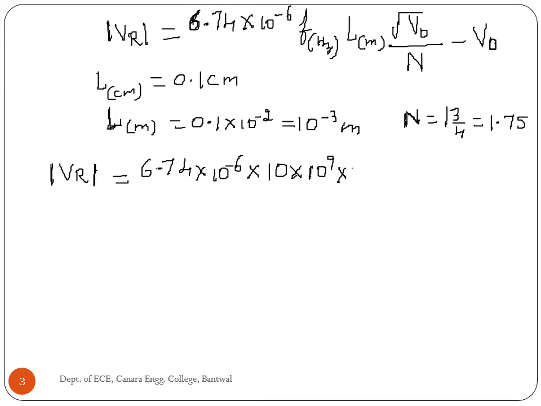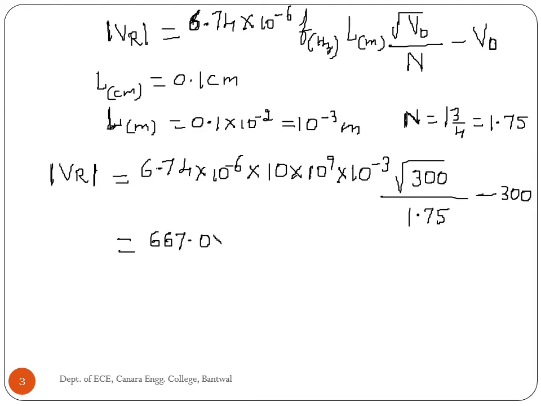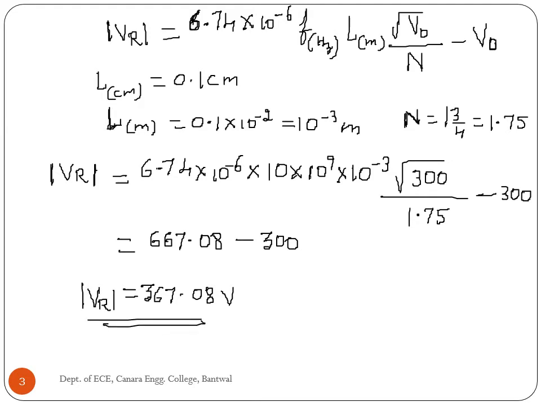Repeller space is 10 to the power minus 3, root of 300 V0 divided by 1.75, minus 300, which is equal to 667.08 minus V0, which is equal to 367.08 volts. Is the solution for the first problem.